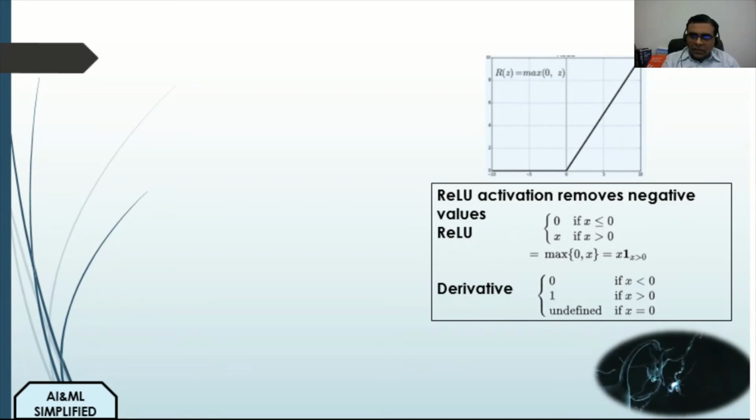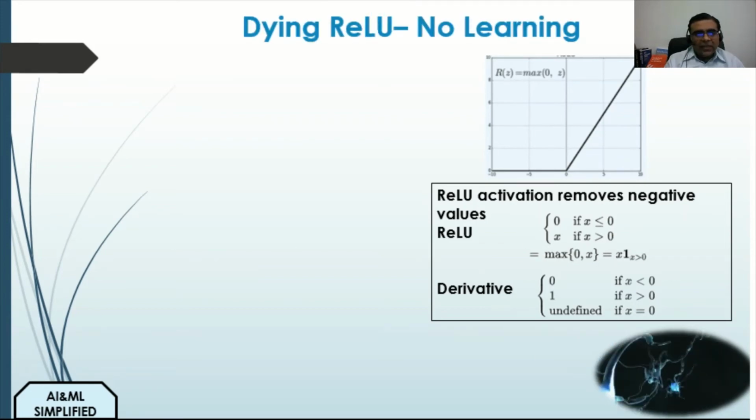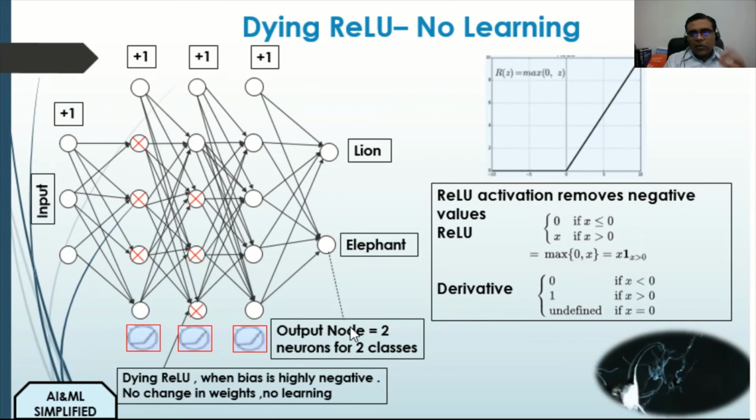specifically to remove the problem of the vanishing gradient. However, in some random cases, we also find another problem with ReLU, which is known as the dying ReLU problem. In dying ReLU, some of the nodes of the network are not performing and participating in the network.